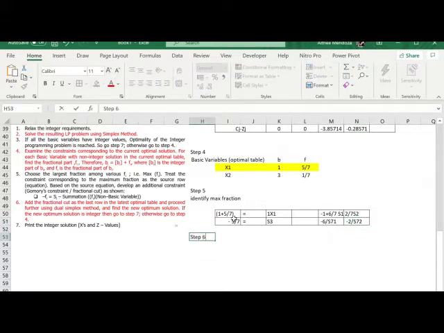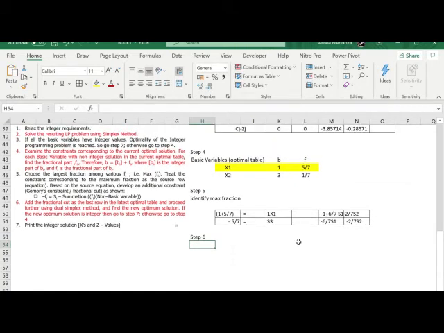Okay, next. Punta na tayo sa step 6. Step 6, add the fractional cut as the last row in the latest optimal table.